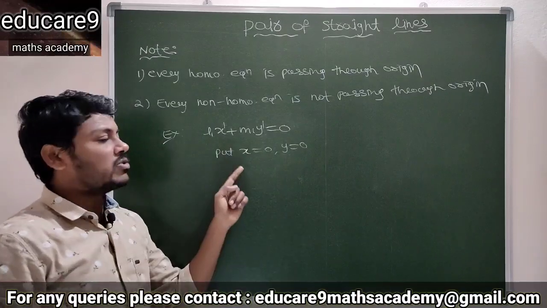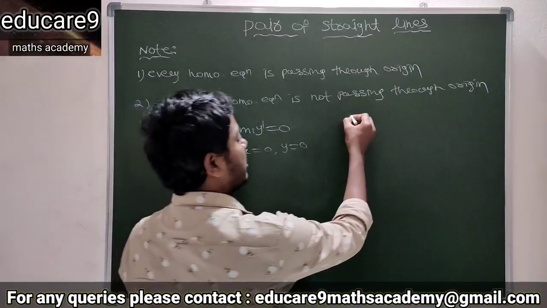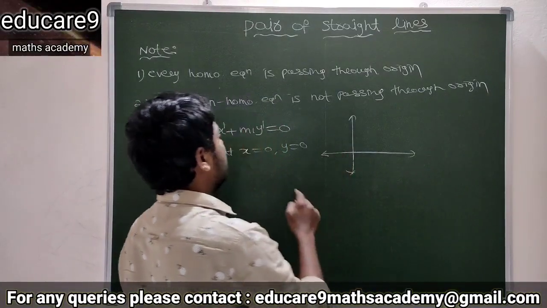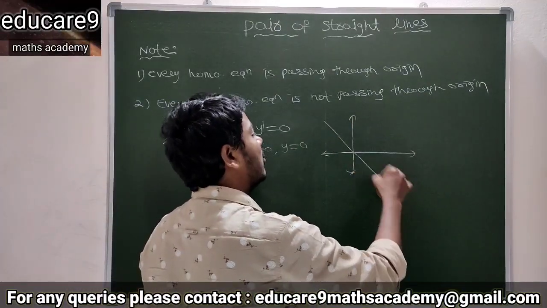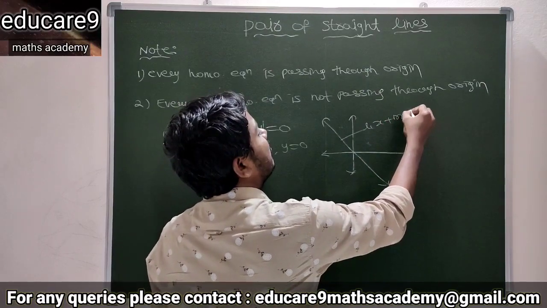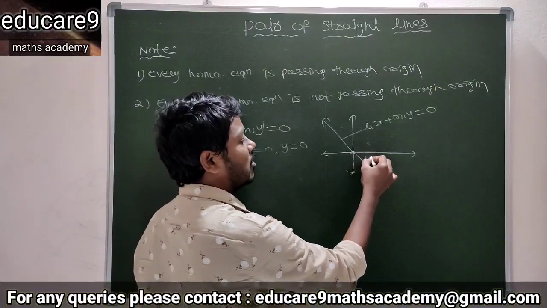So clearly you can say that this line passes through the origin. Consider the coordinate axis. Here l1x plus m1y equals 0 is clearly passing through the origin.